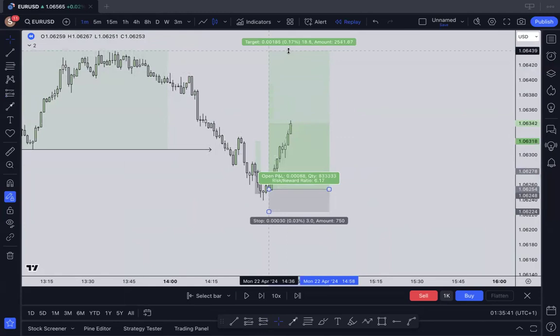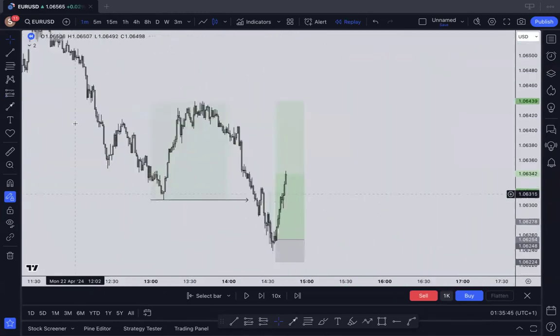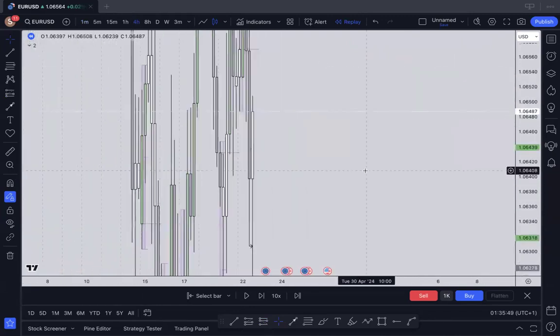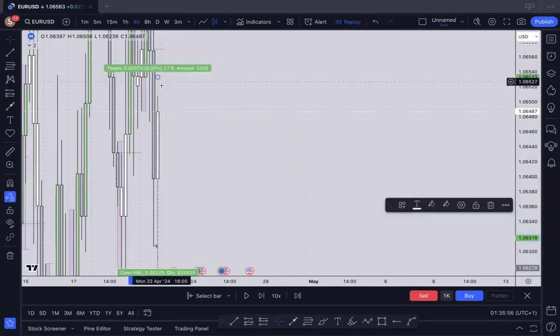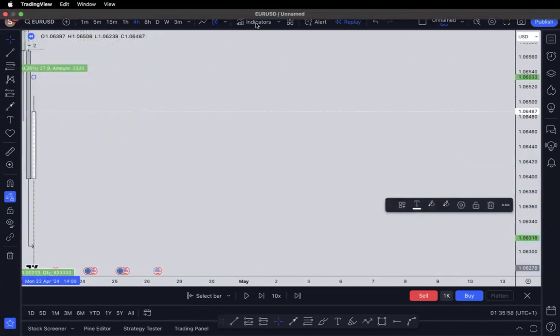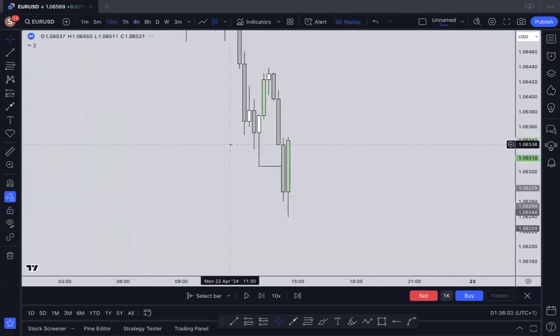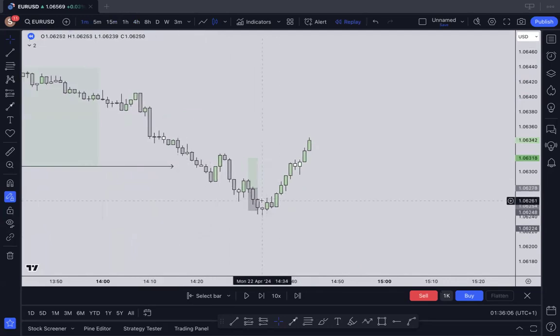And where would we be targeting? Well, you could target up here, the New York highs, or you could target the next H4 MSNR level, like so, which would be here for 9R. And as you can see, oh, something weird's happened there.